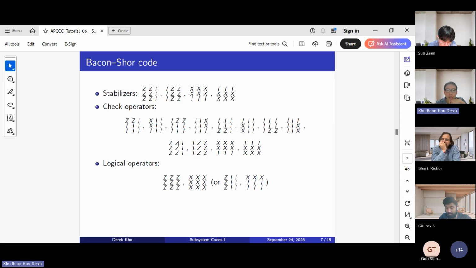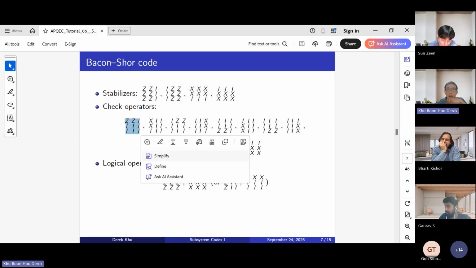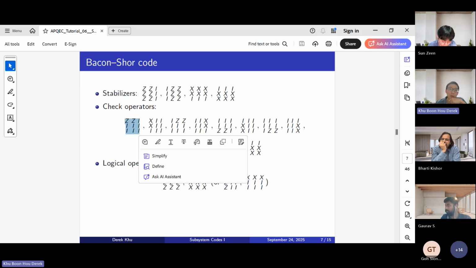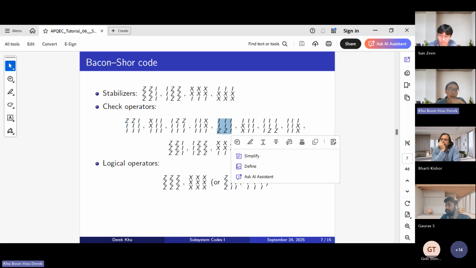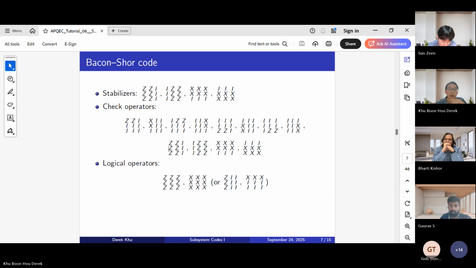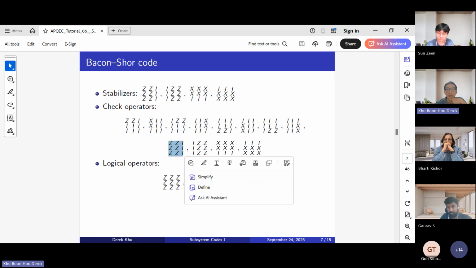But we already have this guy, which measures the first and the second qubits, and this guy measures the 7th and the 8th qubits. So in order to get this guy, all we have to do is measure the middle 2, and in principle we could just multiply with the other 2, but we don't actually need to, because what we want to say is that it is stabilized by this guy. So we could derive this guy from the other 2.